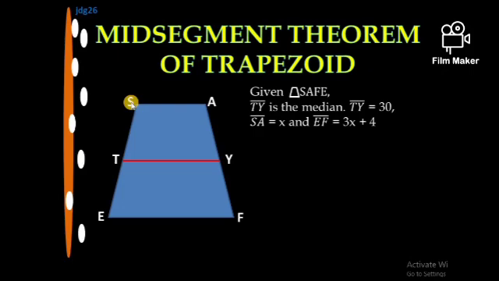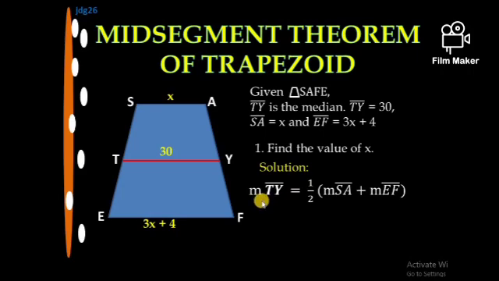Given trapezoid SAFE, TY is the median, and the measure of TY is equal to 30, segment SA is equal to X, and segment EF is equal to 3X plus 4. Question number 1, find the value of X. Here's the solution.